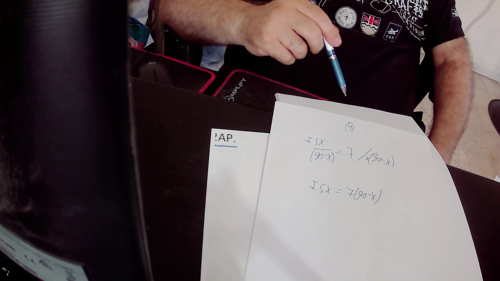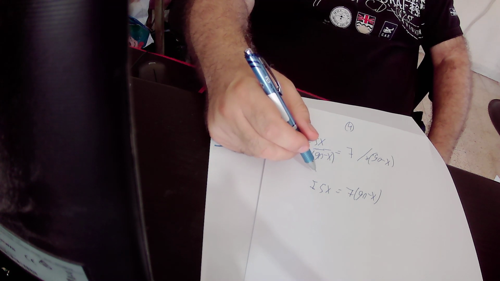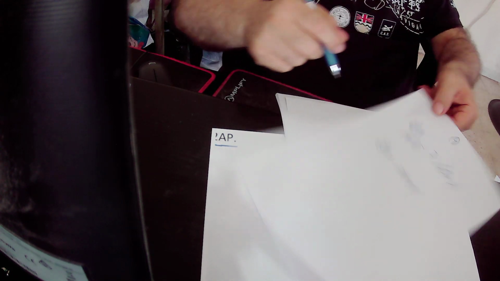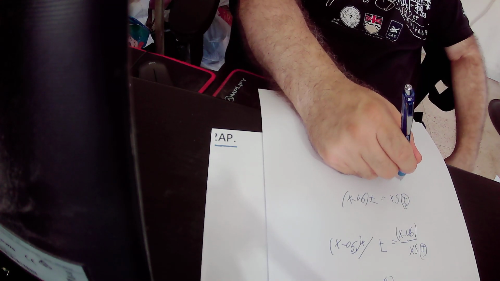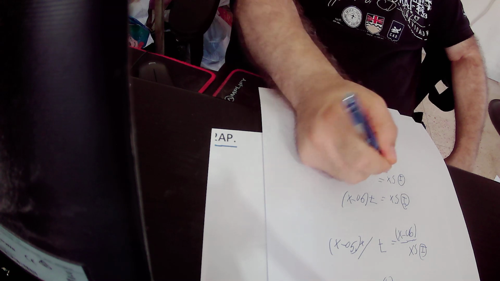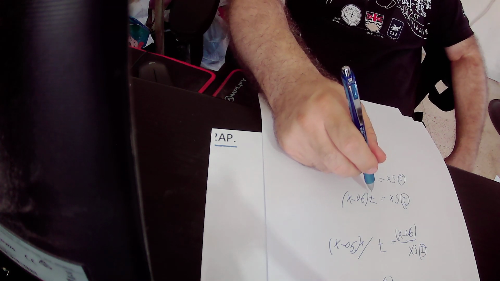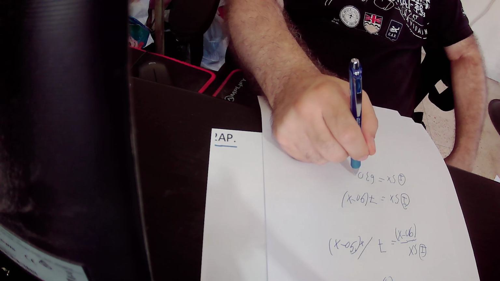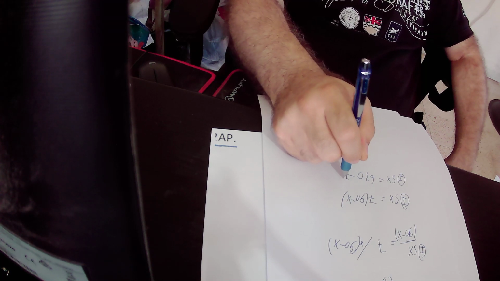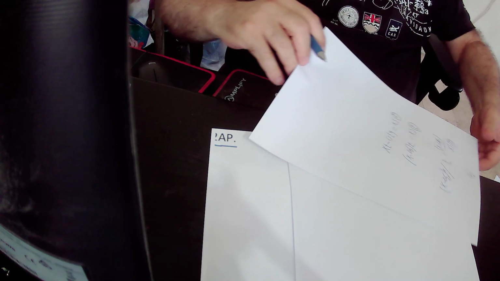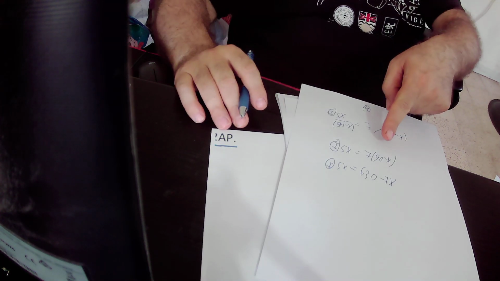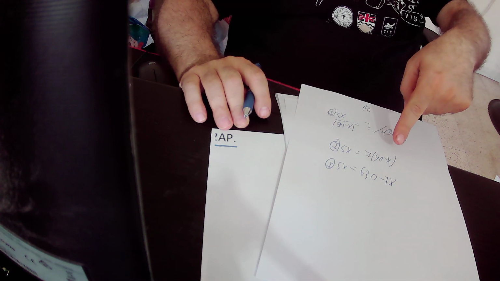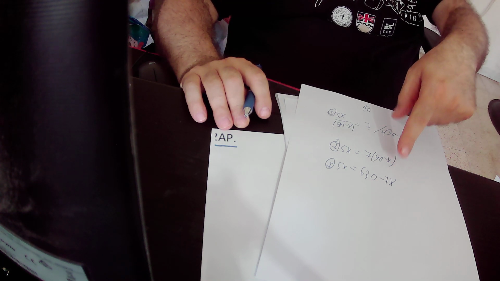So we will open the brackets, okay? So we get that 5x equals 7 times 90 equals 630, and 7 times negative x is negative 7x.